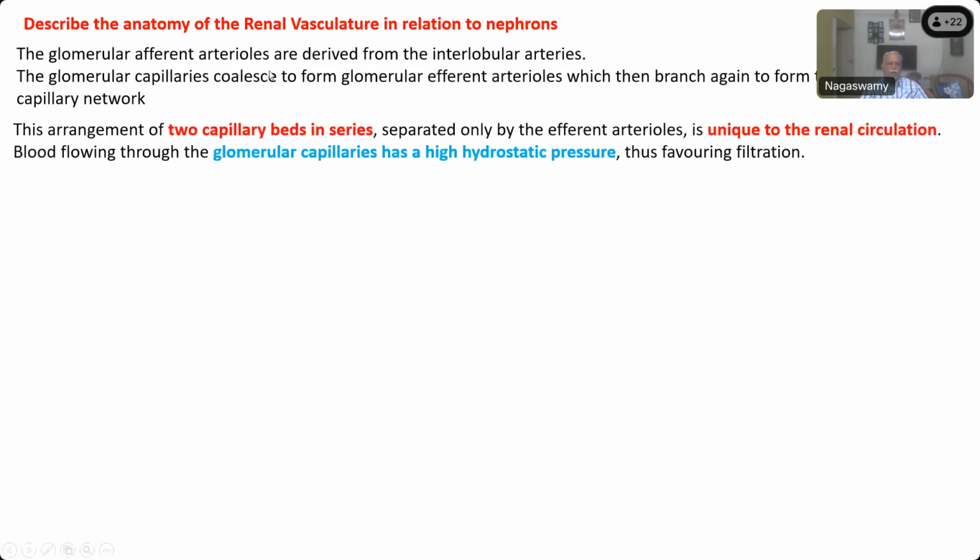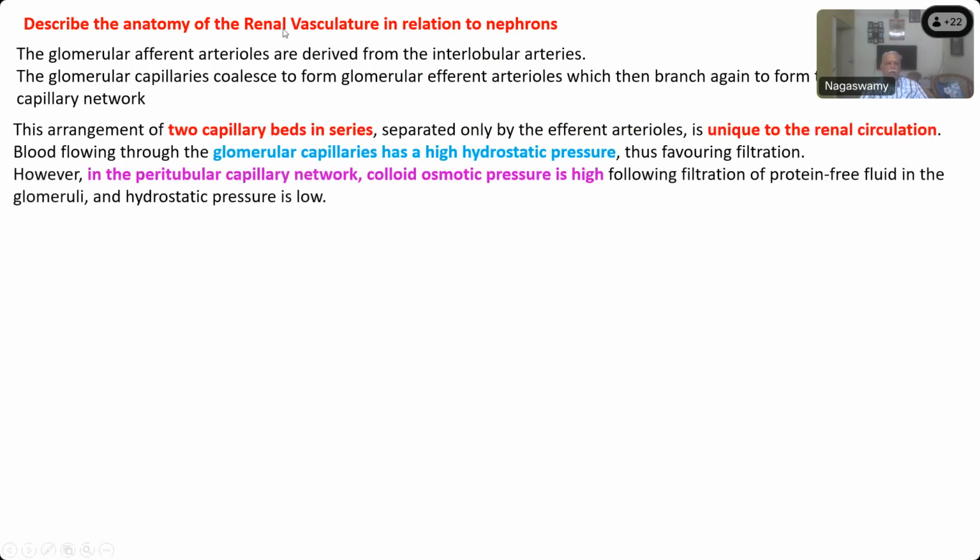One capillary bed is the glomerulus, another capillary bed is the peritubular capillary network, separated by the efferent arterioles. This is unique to the renal circulation. And the blood flowing to the glomerular capillaries has high hydrostatic pressure, so that helps to filter the plasma to form the filtrate in the Bowman's capsule. Okay. So the glomerular capillaries are high in hydrostatic pressure.